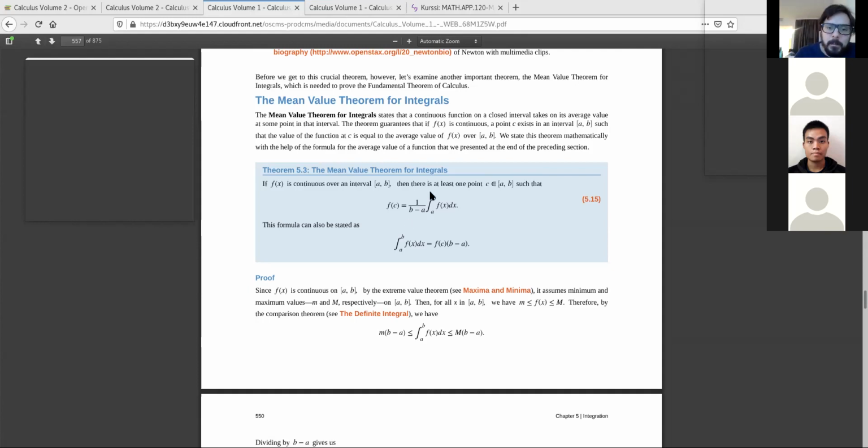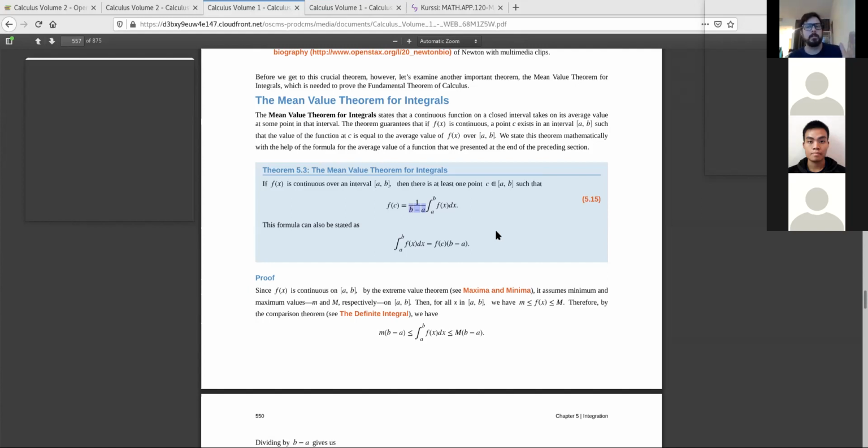So think about it. This integral from a to b of f of x dx, you can think of as the average value of f between a and b. So the area under the curve divided by the length of the interval.